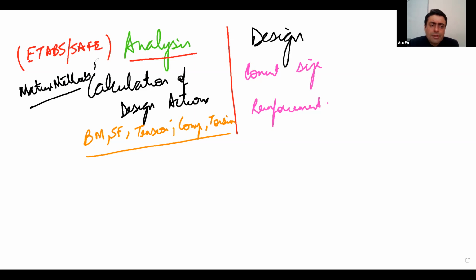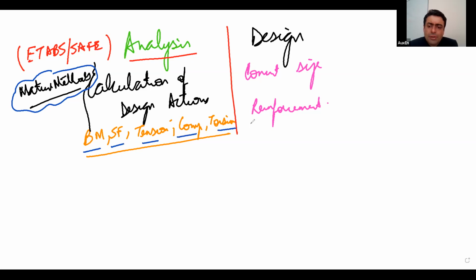Why do the softwares use the matrix method? Because if you know computer programming, you will agree with me that for computer programming, matrix methods are the simplest to do, isn't it? Therefore, all the softwares that you see, in some way or the other, use the matrix methods to do the analysis. After analysis, we will get these outputs.